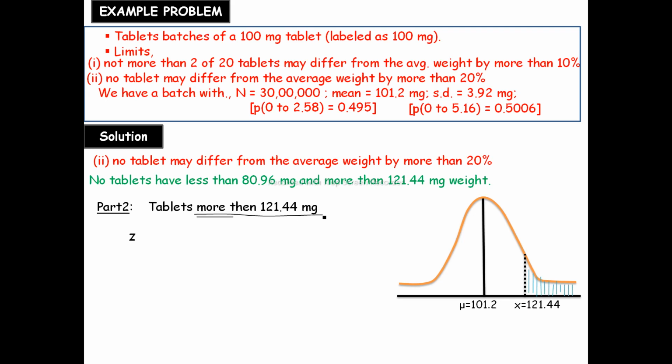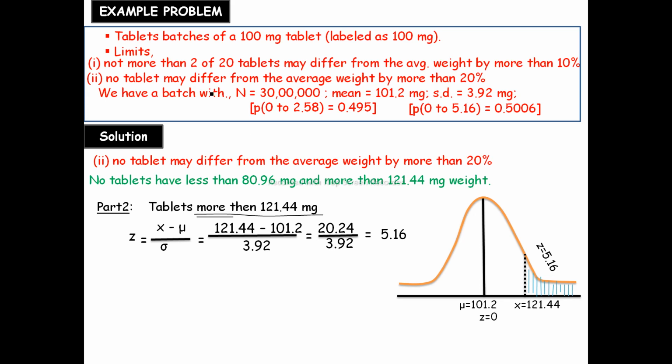Okay, now calculate the value of z. I believe you know everything from now. So you got the value as 5.16. So for this dotted line the value is 5.16, and at the center the value is 0. Again, in the question itself the area from 0 to 5.16 is given as 0.5006, and this entire half area is 0.5.